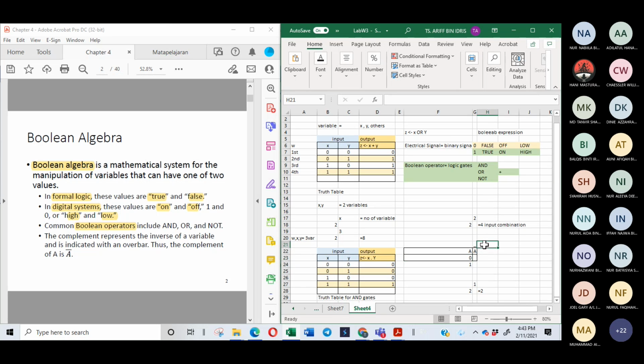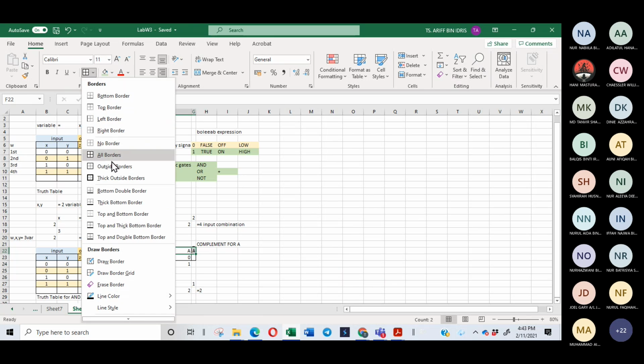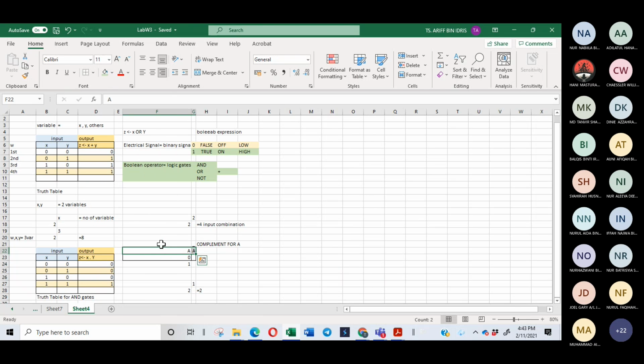The A bar is what we call the complement for A. Can you see the bar here, class? Yes. You can see the songkok. I think I should remove this one first. Let me remove this. No border, I should put a border here.